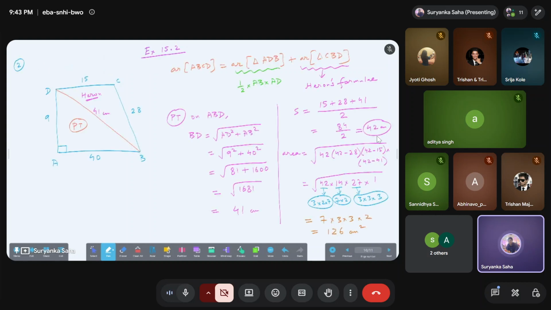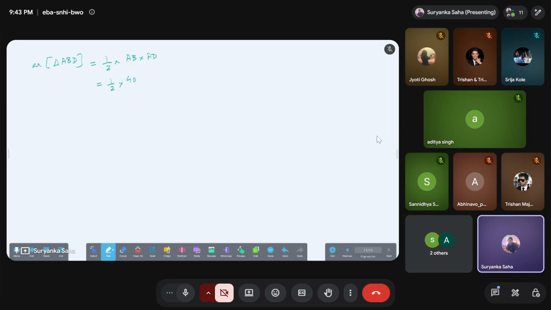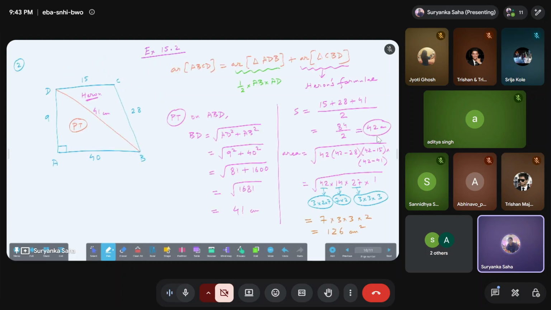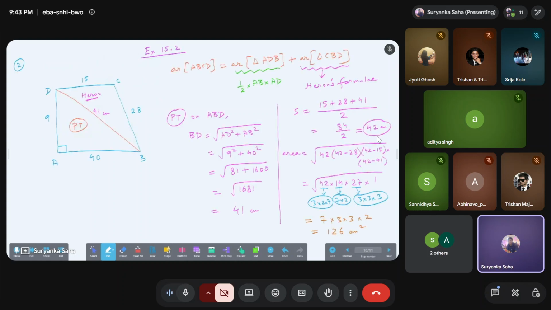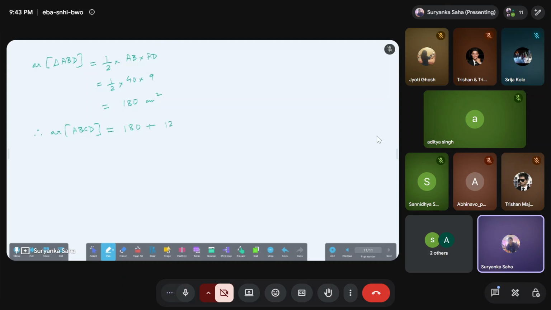AB is how much? 40 into 9. 20 into 9, 180 centimeter square. So what will be the total area? Therefore area of the full ABCD, the quadrilateral, will be the sum of 180 plus the one that came out to be 126. So it will come out to be 306.